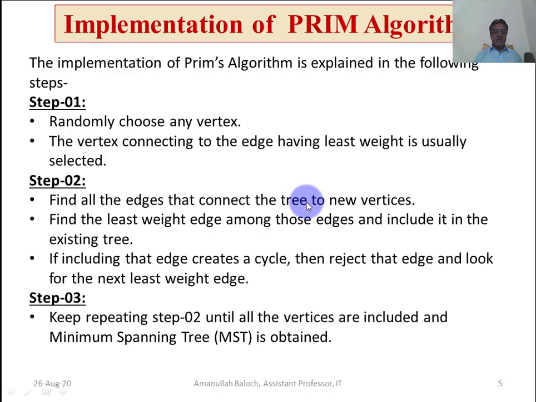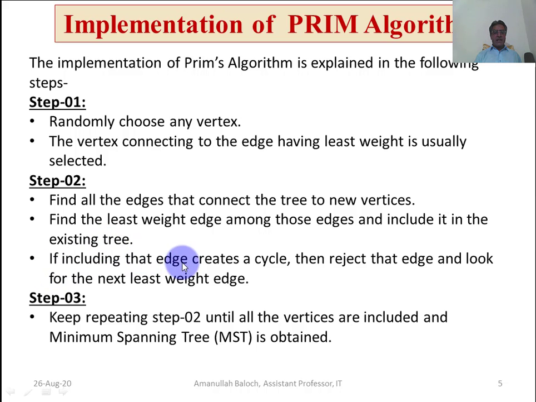Every node which we process, we start from and process through Prim algorithm, gradually becomes part of a tree. That is why the vertices which are going to become part of the tree, their adjacent vertices are analyzed, and the least weight edge among those edges is found, and included into the existing tree.